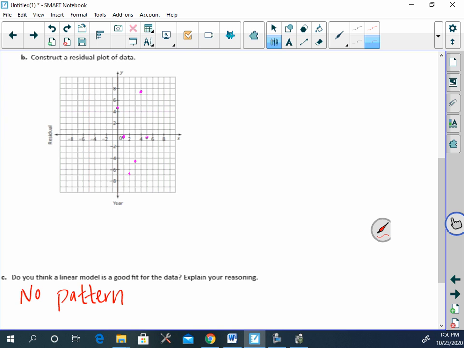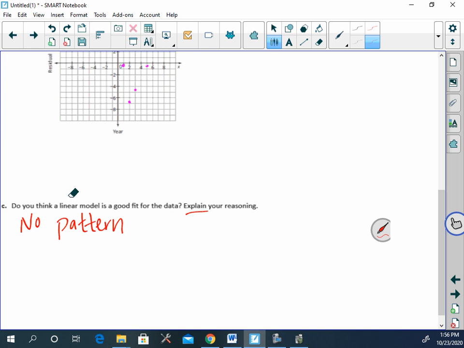So if there is no pattern, and that's me explaining why I'm choosing what I'm choosing. If there's no pattern, do you think a linear model is a good fit? The answer is yes, a linear model would be a good fit because there's no pattern in the residual plot. So no pattern in residual plot.